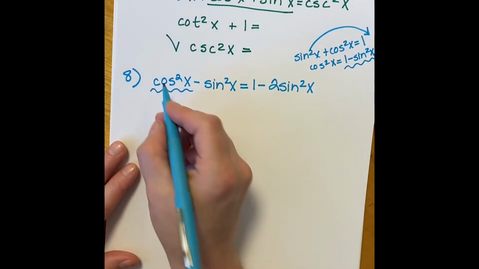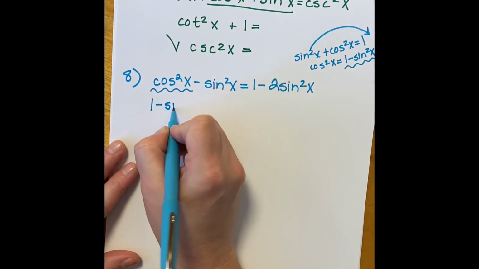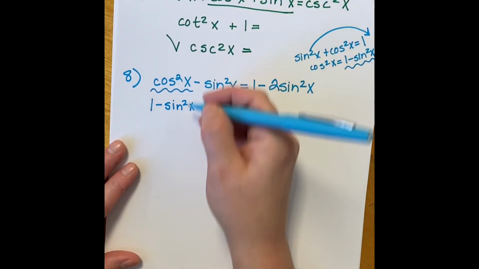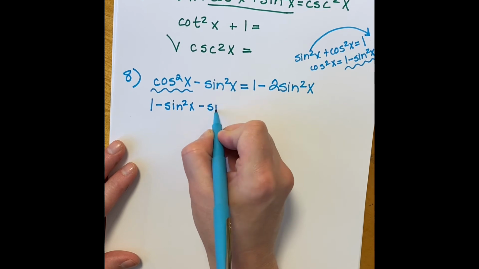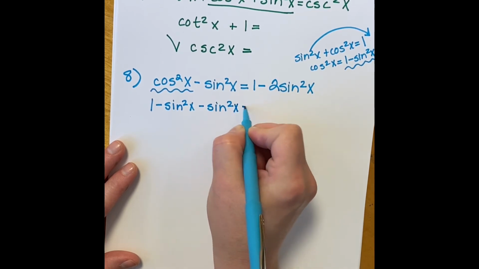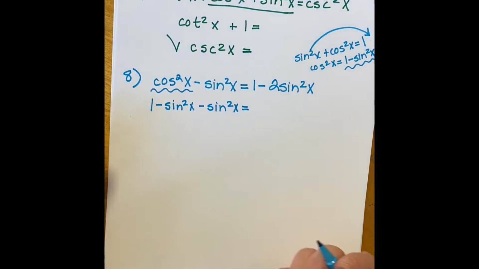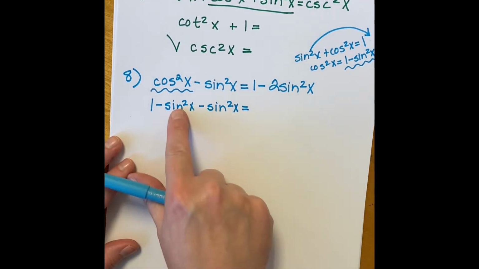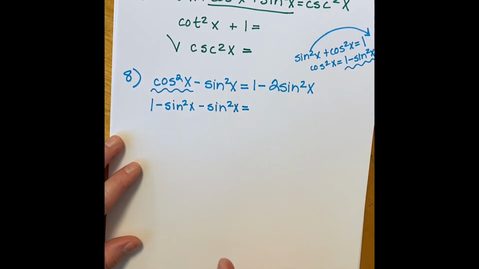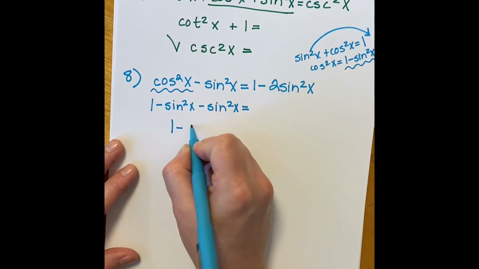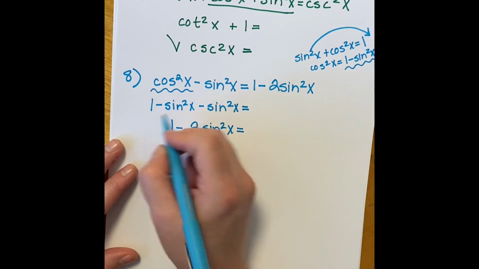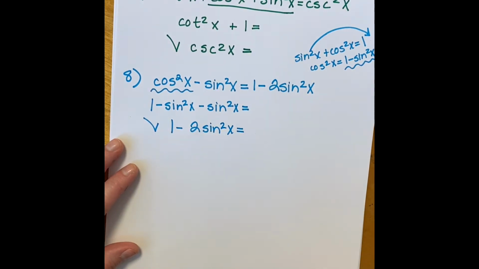So now we have 1 minus sine squared of x for this cosine squared of x, and bring down this minus sine squared of x. Y'all, there's only one more step. These are like terms. I can put them together. Minus 1 sine squared minus another 1 sine squared is minus 2 sine squared. Ka-ching. Money.